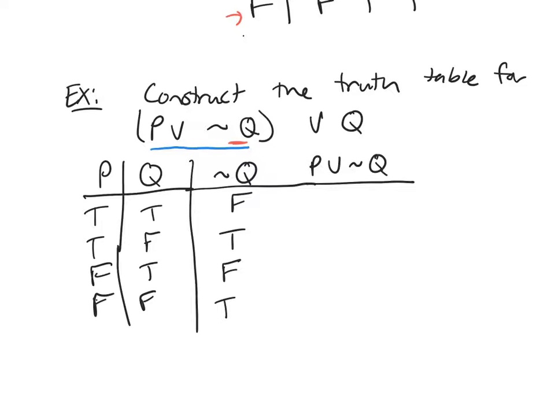I'm going to look at the P column and the not Q column, and it's an or, so you just need one of them to be true. So it looks like I got true, true, false, true.